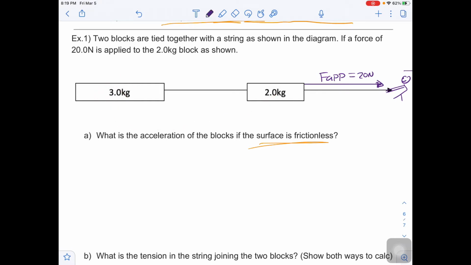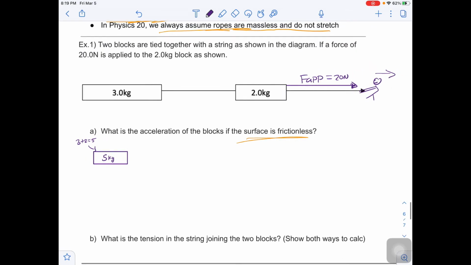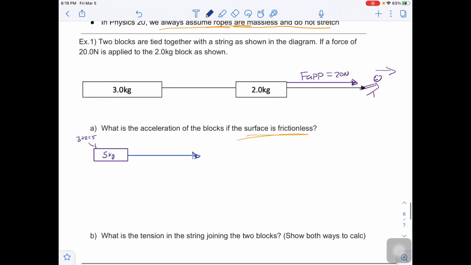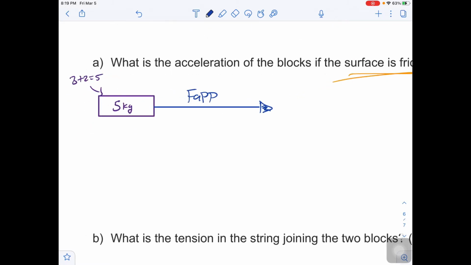So in reality, we can imagine this as a 5 kilogram object, because 3 plus 2 equals 5, since we're taking that whole object with us. Here, this is our F applied, and that's the only force acting there, so this will be our net force.